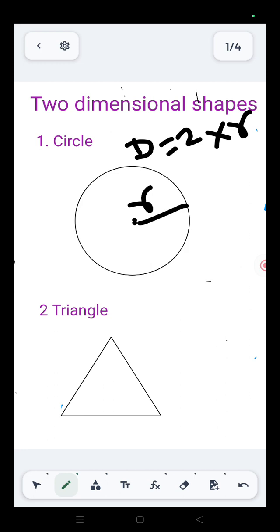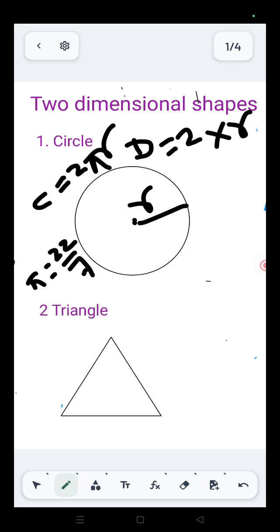What is the formula of the circumference of a circle? The formula is C equal to 2 pi r, where the value of pi is 22 upon 7, and sometimes we take the value of pi as 3.14 approximately.